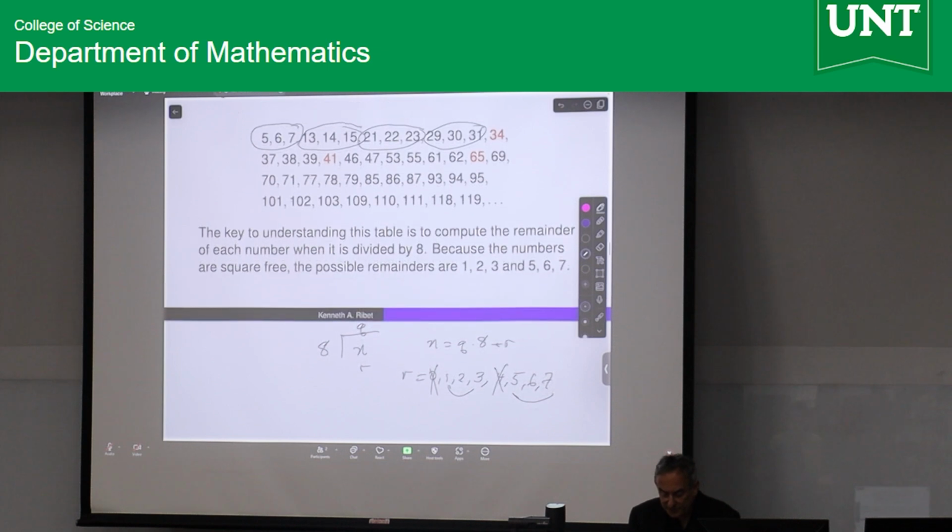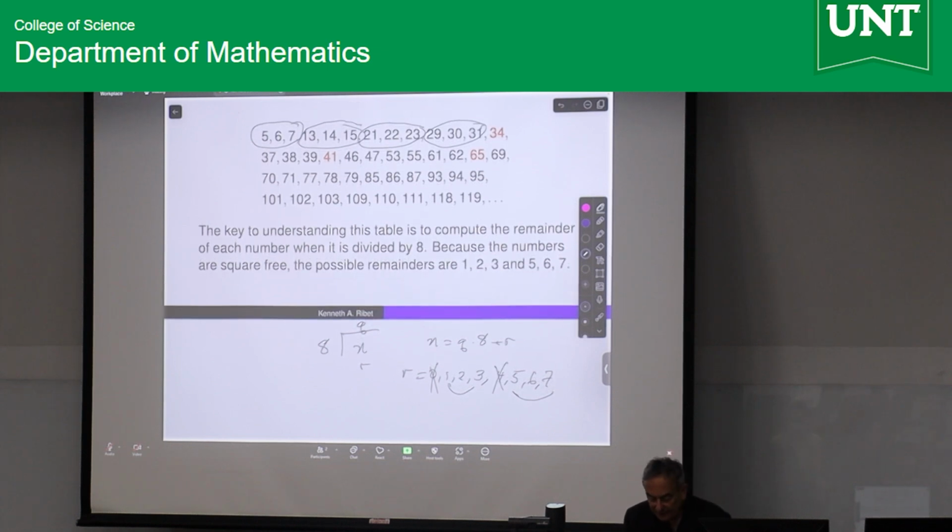And if you look at this table, you will see that whenever the remainder is 5, 6, or 7, the number appears on the table. And if the remainder is 1, 2, and 3, you might think it's not going to be on the table. So, for example, suppose you get beyond the single digits, and you look at 2-digit numbers. Well, an example of a number with remainder 1 on division by 8 is 9. Well, we're not going to talk about that because it's not square free.